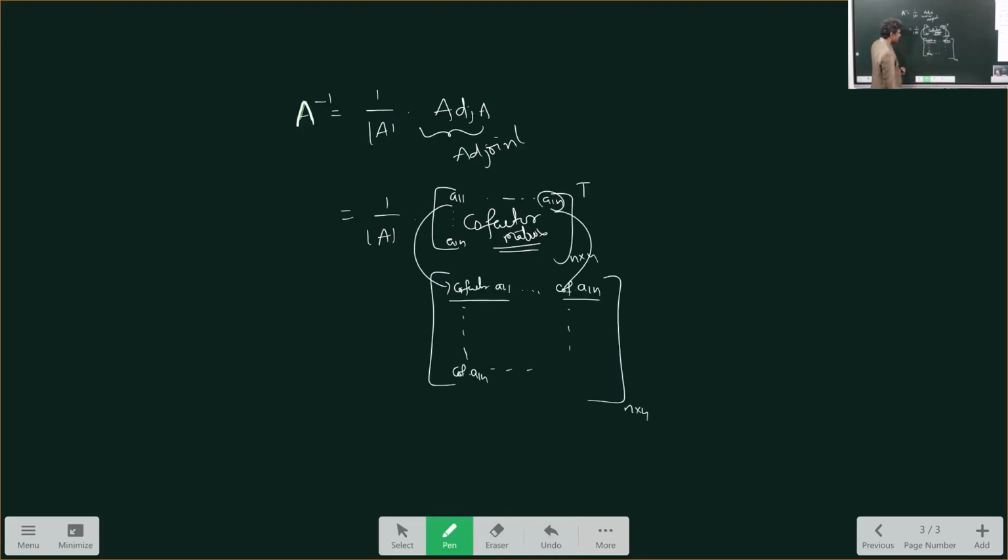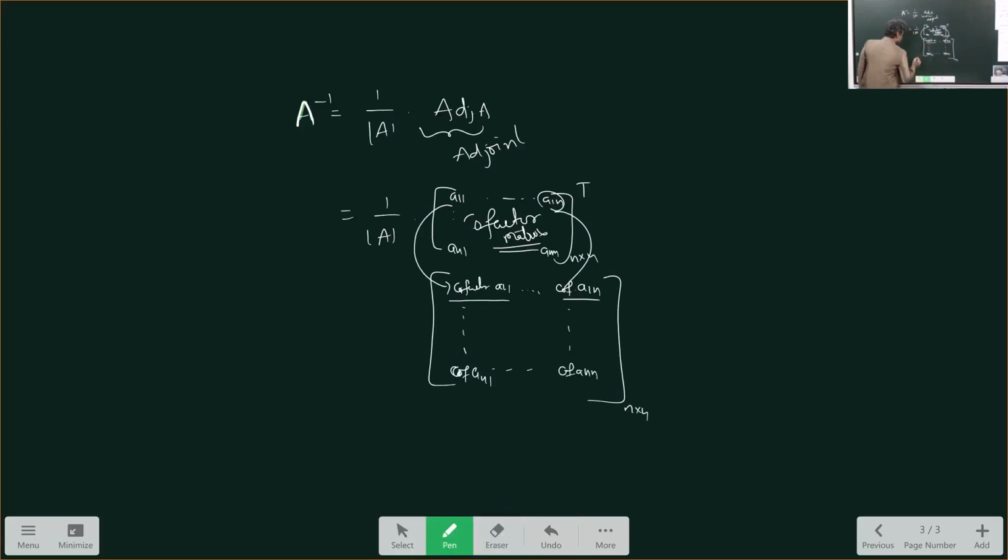In the nth row, an1 is replaced with the cofactor of an1. Okay, this is clear. Like that, the last will be ann, the cofactor of ann.